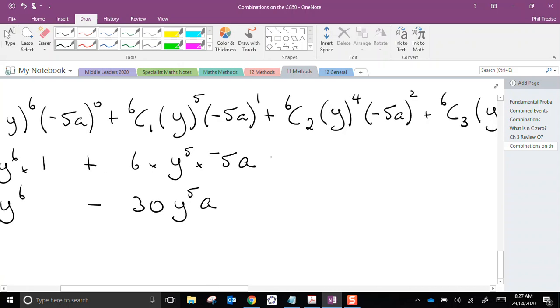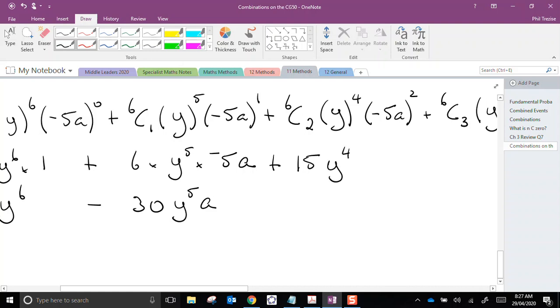Let's just do one more. 6c2, that would be 15. Again, you don't have to write the whole factorial notation. The focus of this question is the binomial expansion. You are quite welcome to go 6c2 on your calculator for this one to get the 15.